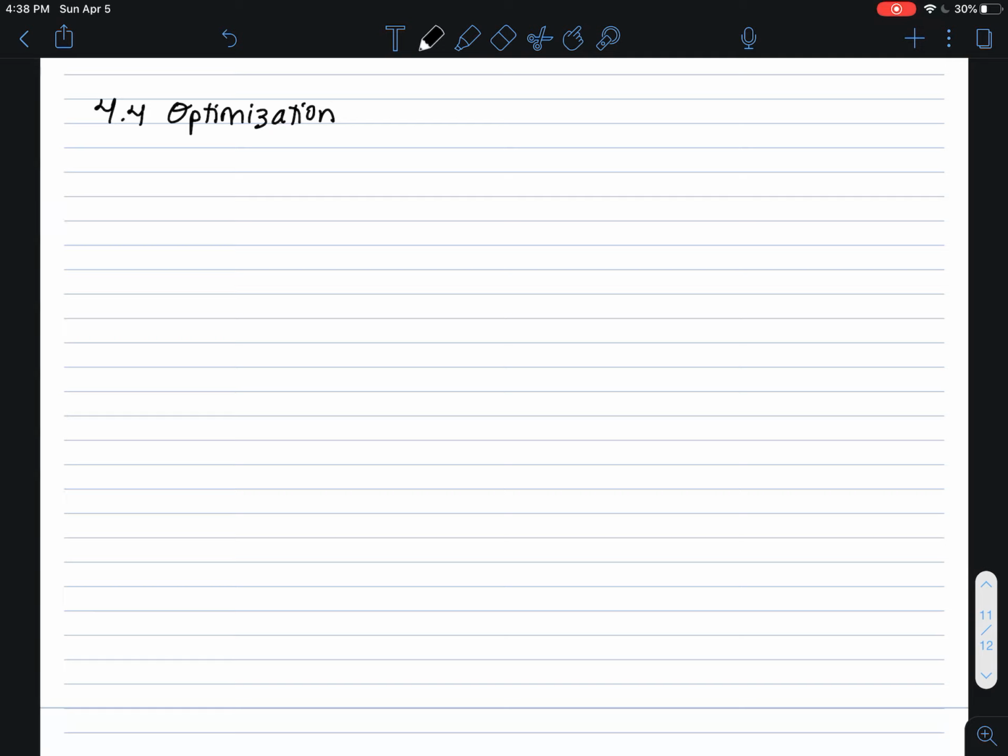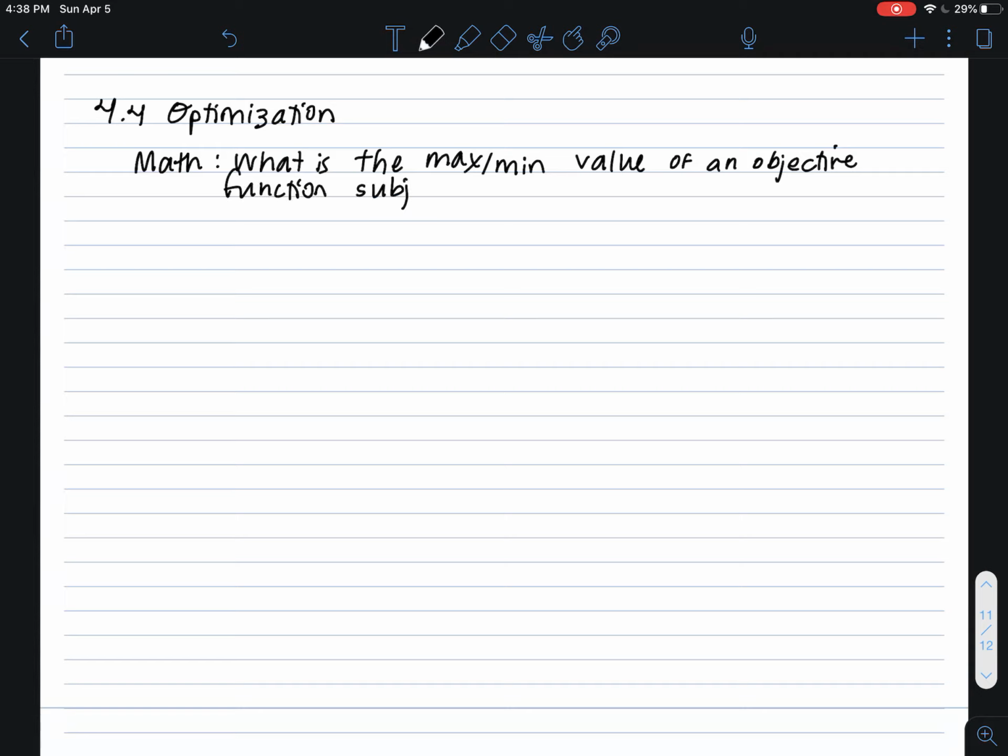I gave you guys the definition for regular life, but in math, optimization is basically finding the maximum or minimum value of some kind of objective function subject to some given constraints.